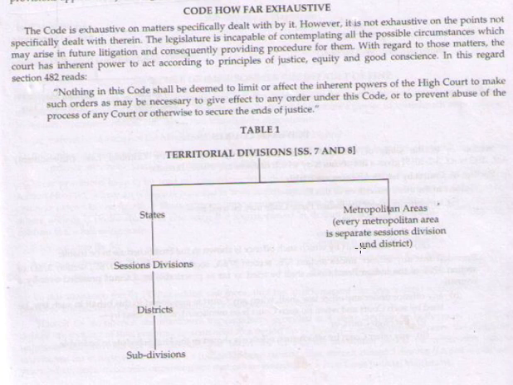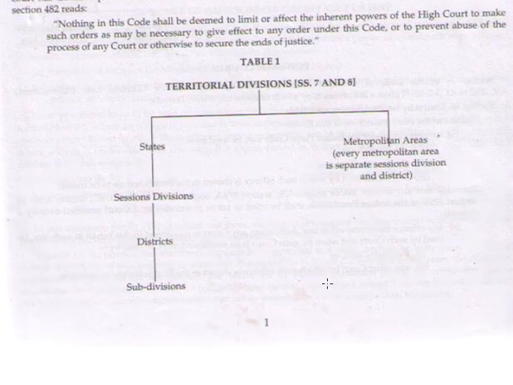Nothing in this code shall be deemed to limit or affect the inherent powers of the High Court to make such orders as may be necessary to give effect to any order under this code, or to prevent abuse of the process of any court, or otherwise to secure the ends of justice. To establish justice and to prevent abuse of powers, the High Court can interfere in any matter, even if it is a new circumstance.